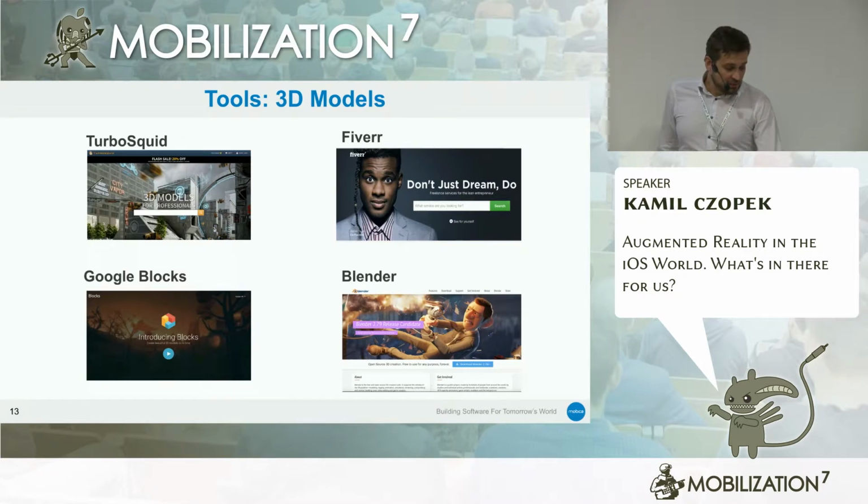And zooming into our models, we can of course use services like TurboSquid. If we want to hire some freelancers, we can use many of such web pages. I do have some good experience with Fiverr. And we can take a look at our neighborhood's backyard and use, for instance, Google Blocks, which is dedicated for VR, but they have cool models.